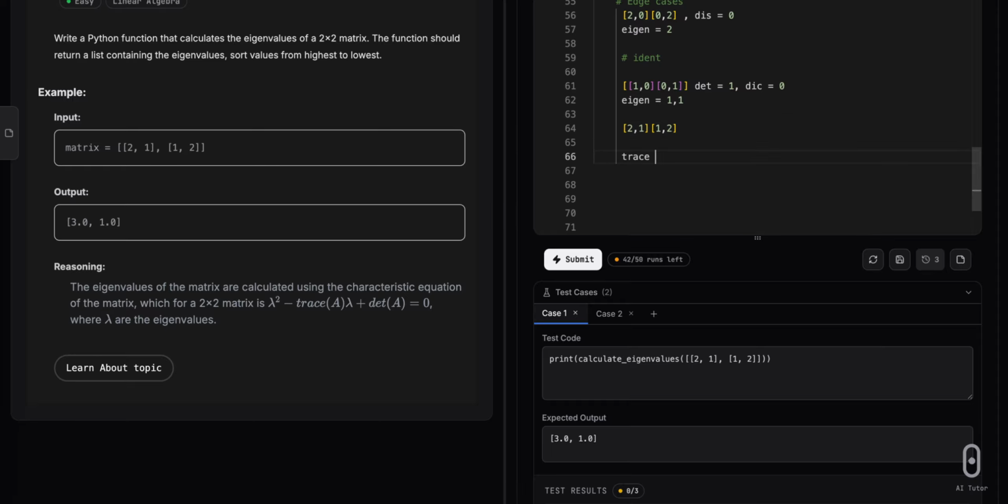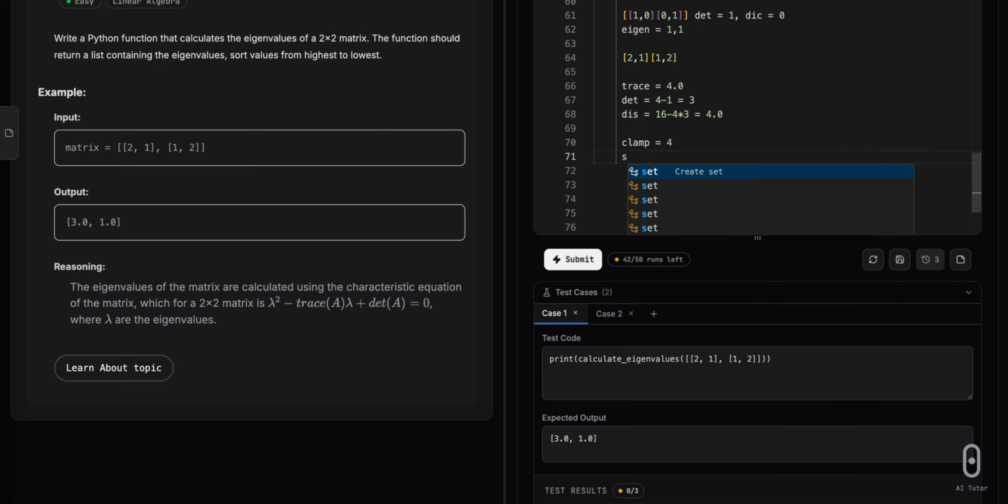So our trace should be 2 plus 2, that is 4, and basically it will be a tensor of 4.0, and determinant will be 2 into 2 minus 1 into 1, so 4 minus 1, that is 3. Discriminant will be 4 squared 16 minus 4 into 3, that is 12, so 16 minus 12 is 4.0, and clamp gives 4 because max of 4 and 0 is always 4.